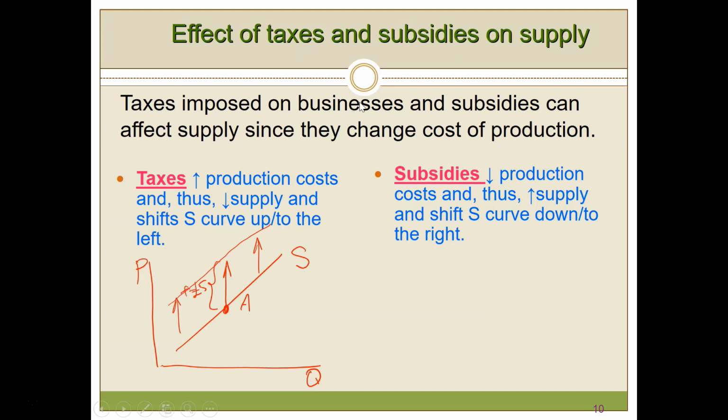Subsidies will cause the opposite effect. Subsidies imply that government pays you, the manufacturer, an additional sum on top of what the customer pays you. For example, this is quite common in the agricultural sector. If you are a farmer and you produce some food items, food products, government frequently subsidizes this sector. This is true for most European countries.